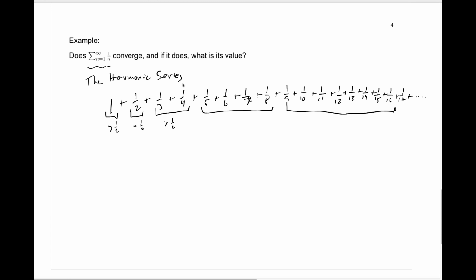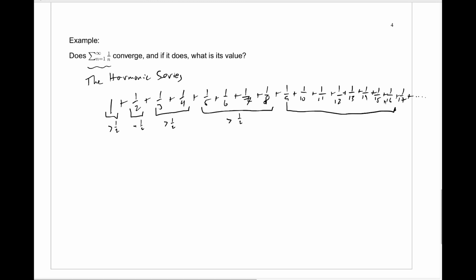This one's bigger than a fourth, so this is bigger than 1/4 plus a fourth, which would be a half. In this group, I have 4 terms. The smallest term is 1/8 here, and since that's the smallest term, and I have 4 terms, the total will actually be greater than 1/2 there.